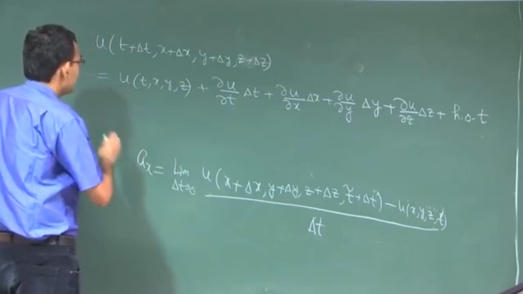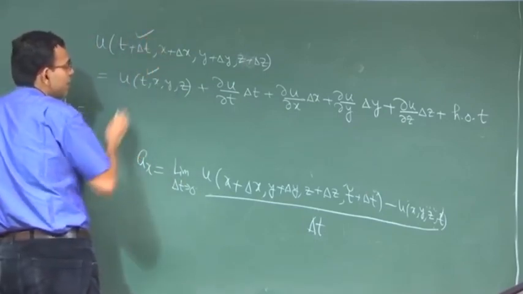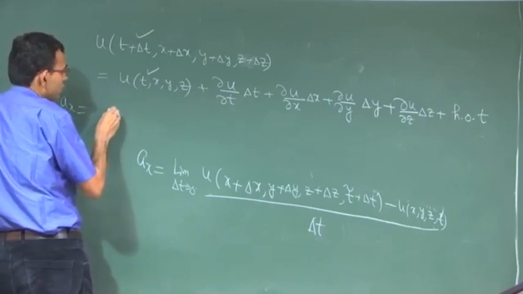So, you can write acceleration along x, the difference between these two divided by delta t.